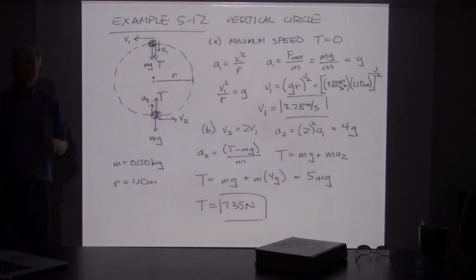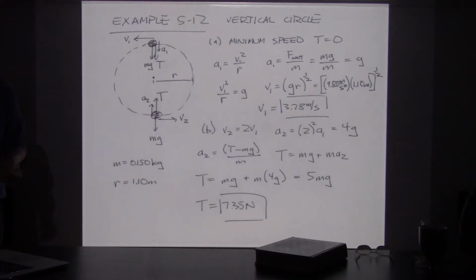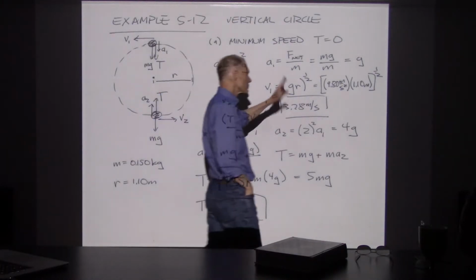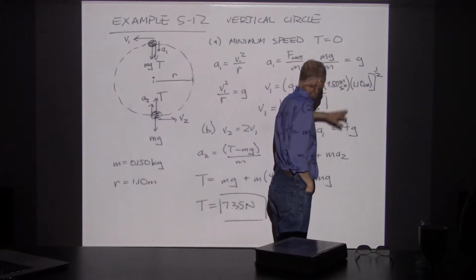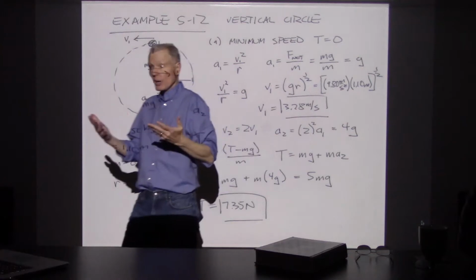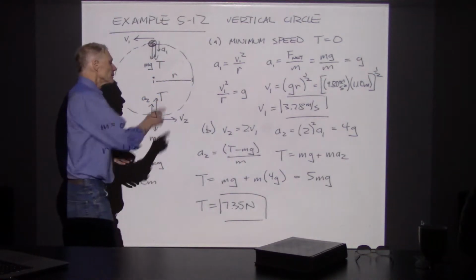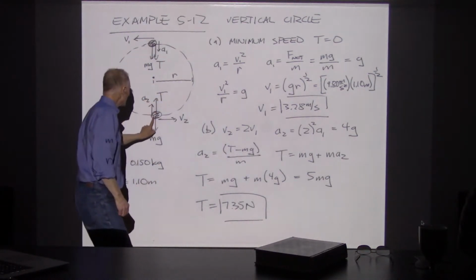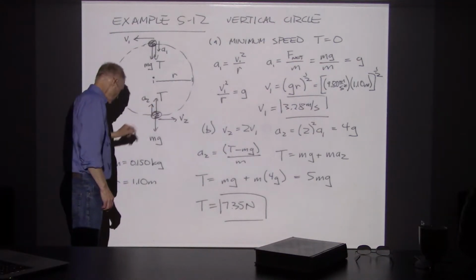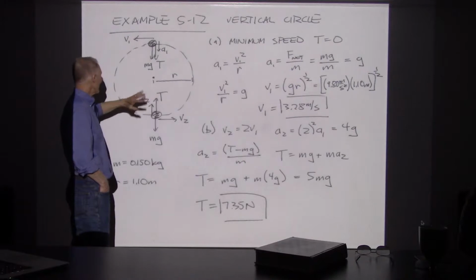There's going to be a larger acceleration. That means we need a larger force. If I've got 4 times the acceleration that I had at the top, I'm going to need 4 times as much force. Now that 4 times g is actually in this direction. So the tension at the bottom can't go to 0.